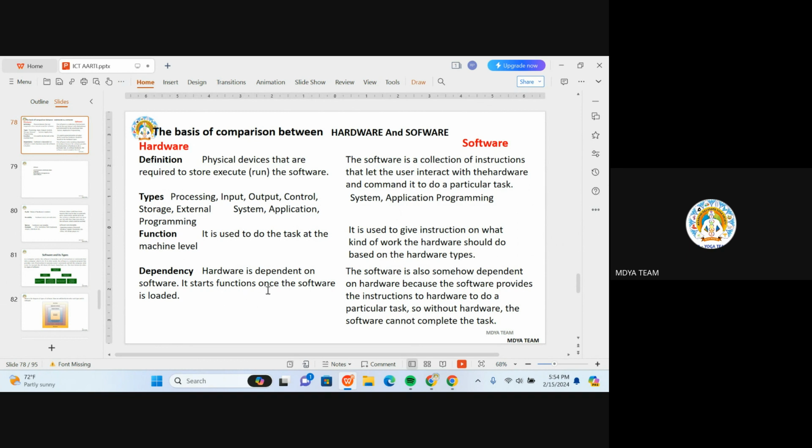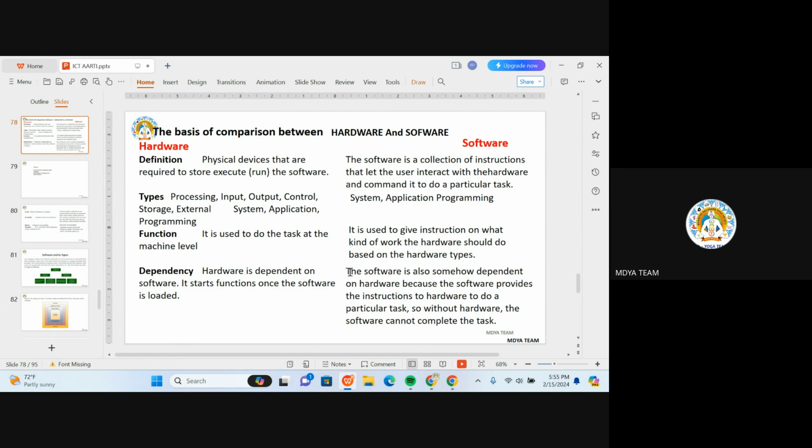The hardware's function starts when the software is loaded. When the software is loaded, first the bootstrap loader program is executed, then the program executes, and then the hardware will start working.